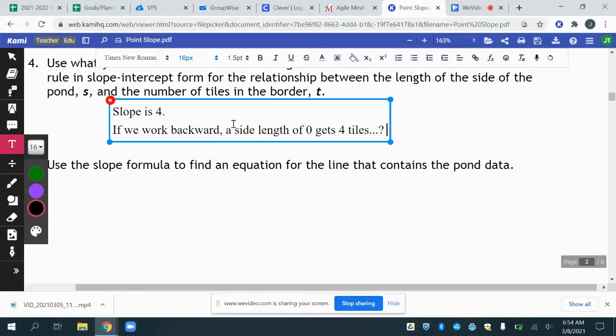That's true. So we end up with this: y equals mx plus b. That's slope-intercept. That's what they're asking for.